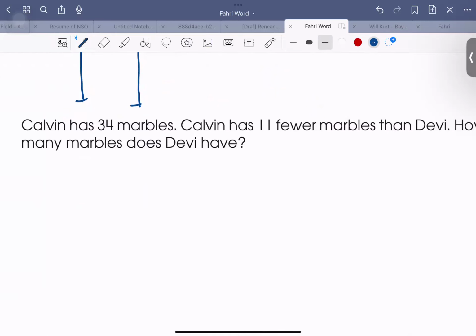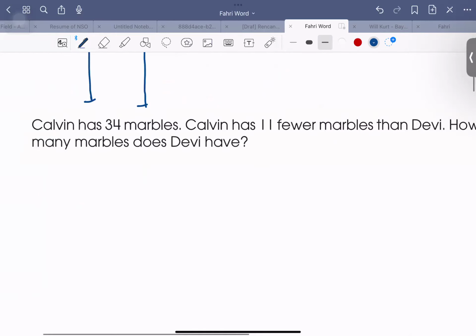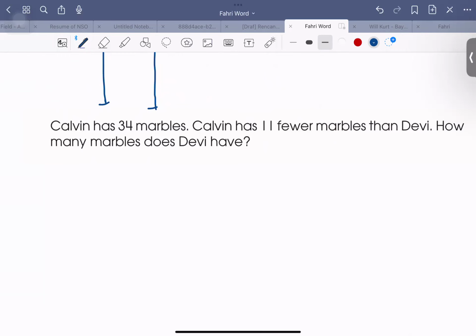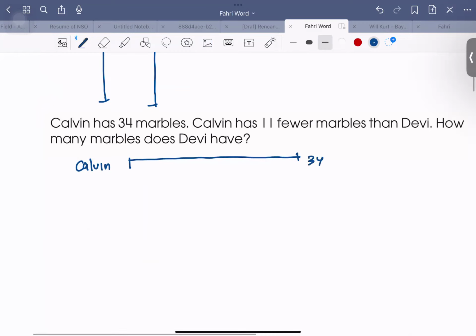Calvin has 34 marbles. Calvin has 11 fewer marbles than Davy. How many marbles does Davy have? So let's define this problem first. Calvin is 34.